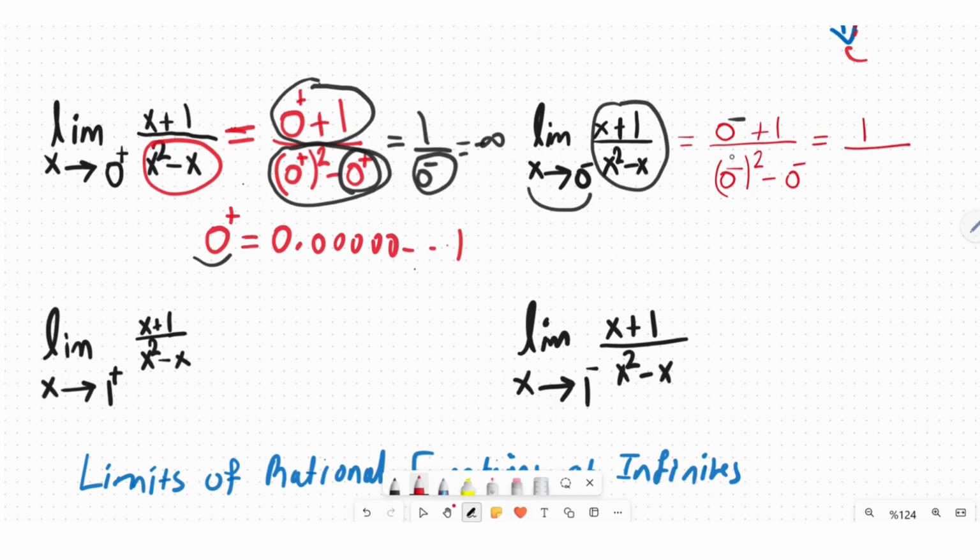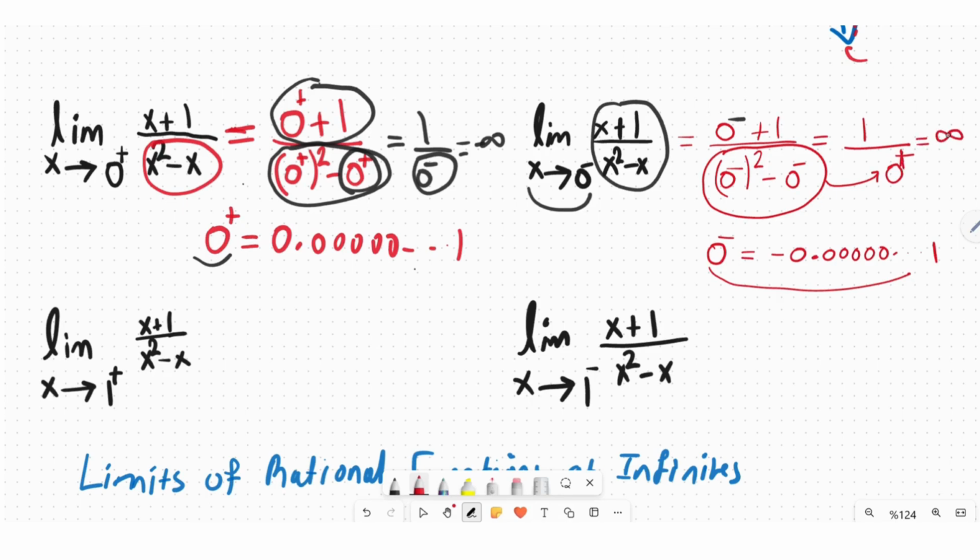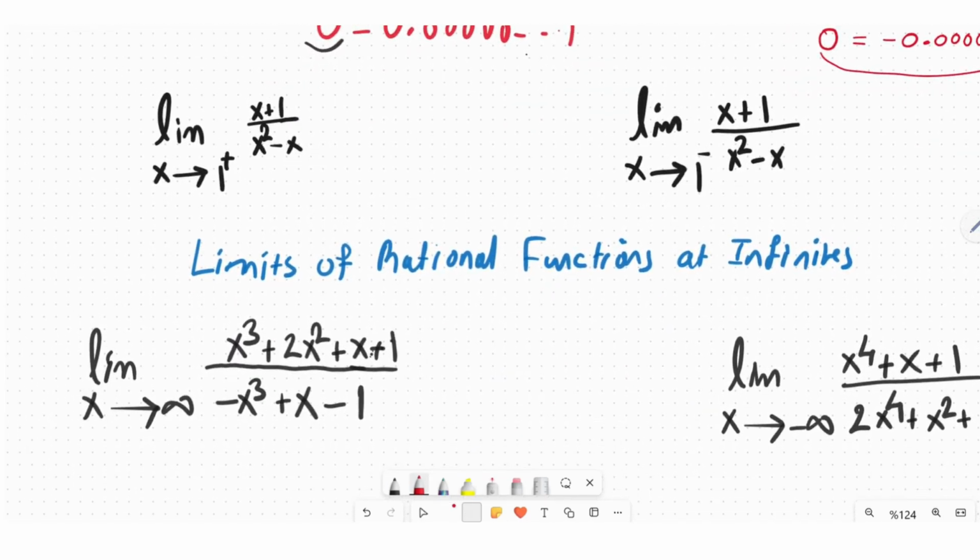Consider this expression: when we consider a number like, for example, minus 0.00000..., something like that, as you see, it is a number which is very close to 0 but negative. So consider this expression. In that case, we obtain a positive number which is very close to 0. Okay, in that case, we can directly write infinity. Now consider the next example.